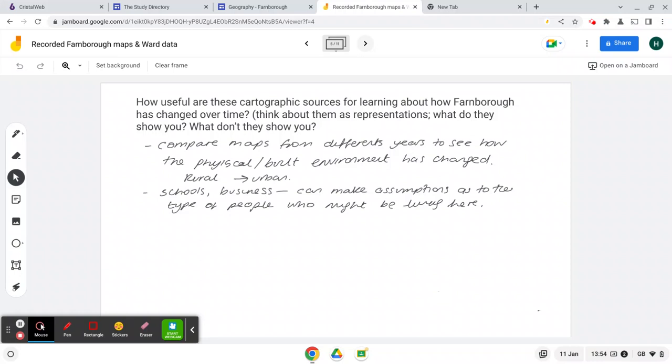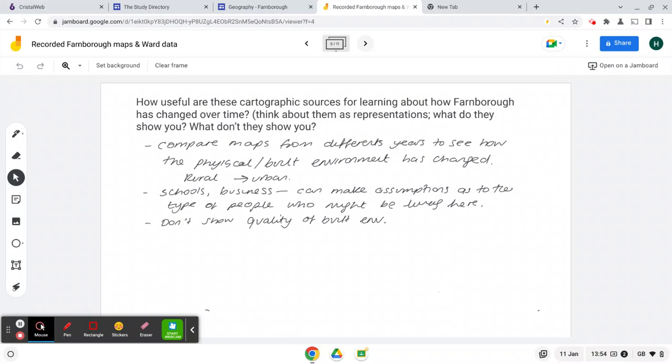Some of the things, though, that maps don't show you, it doesn't really show you the quality of the built environment. So we know there's buildings, but we don't know, for example, when you're looking at the settlements and what you would assume to be homes, if they are bungalows, if they're 2, 3, 4 stories, they might be flats.